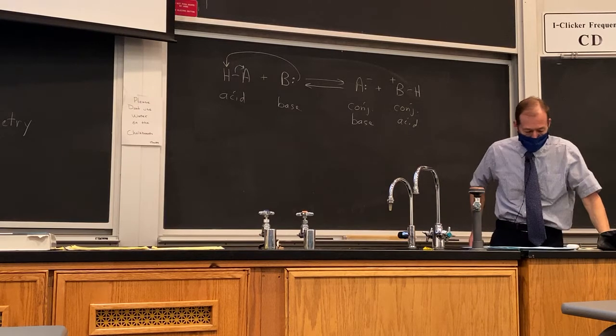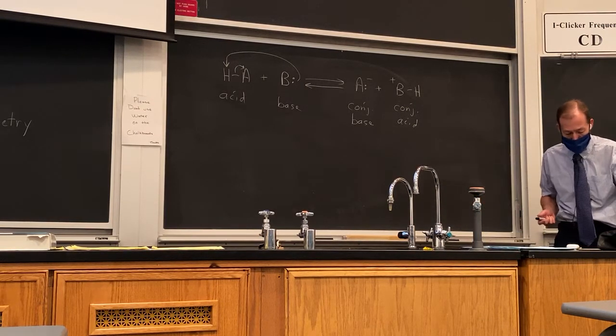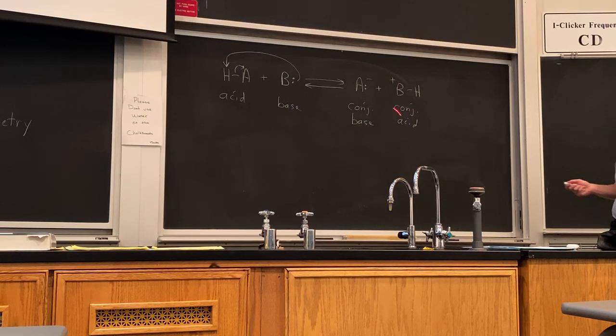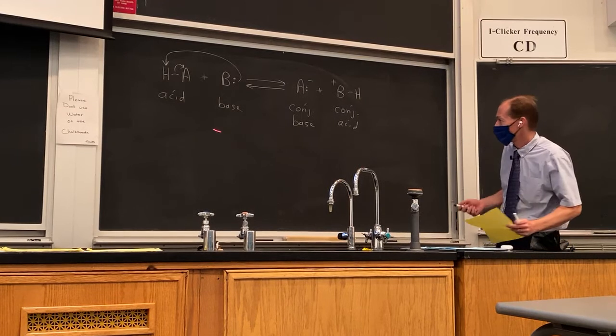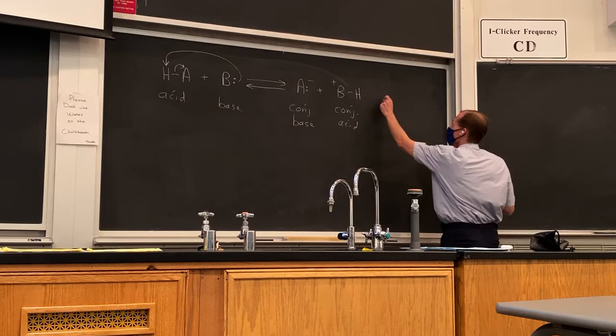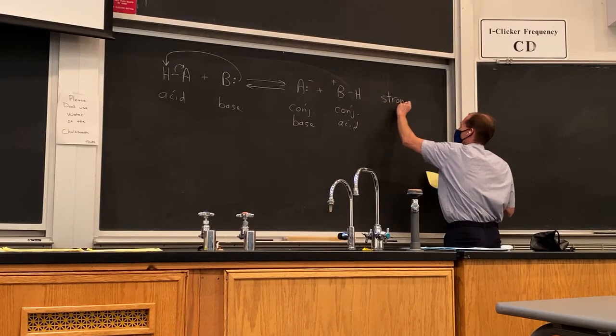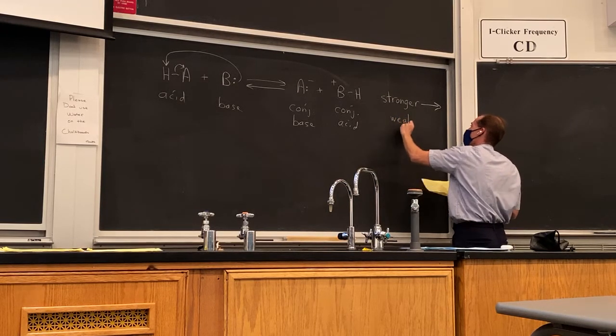So acid-base reactions, as I mentioned, are equilibrium reactions. And whether they are favorable or not depends upon the relative acid strengths of the acid and the conjugate acid. So an acid-base reaction will be favorable if it goes in the direction of the weaker acid.